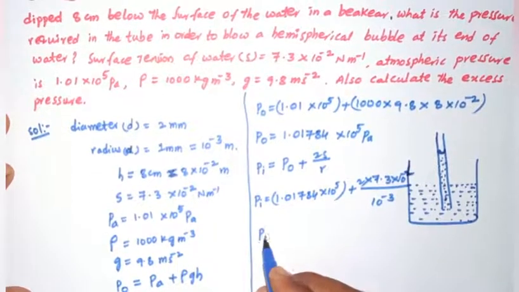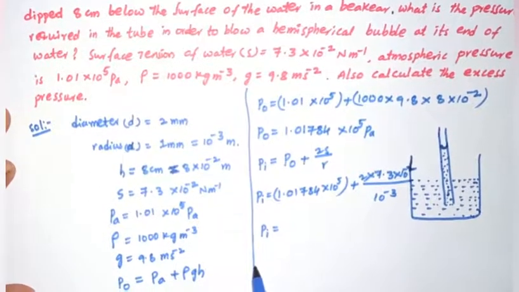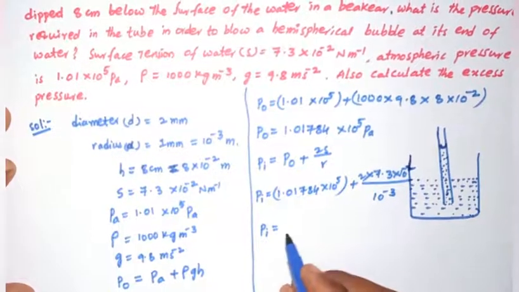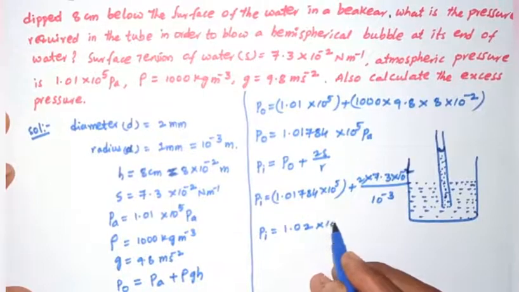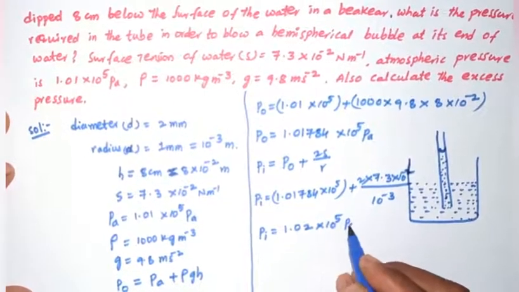Then PI equals 1.02 into 10 to the power of 5 pascals.